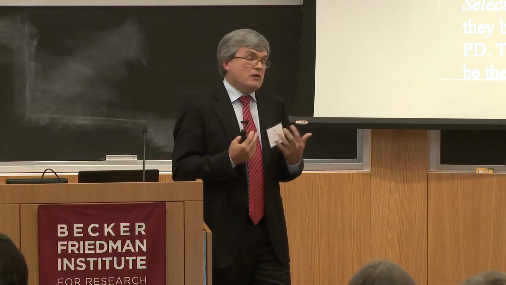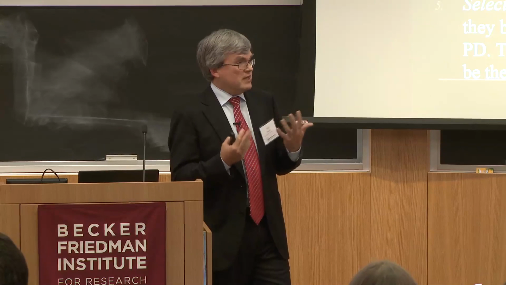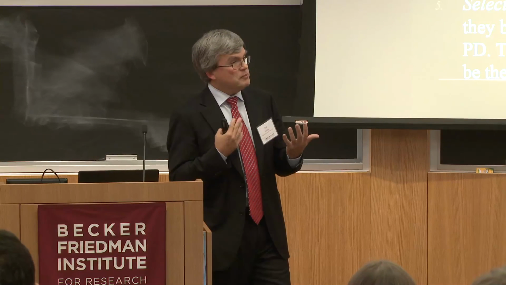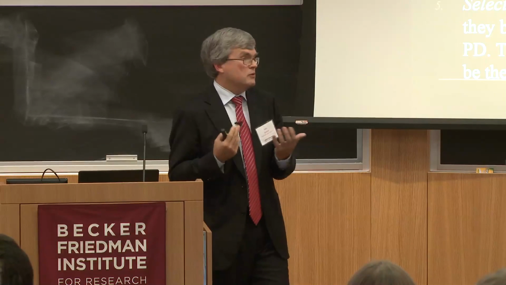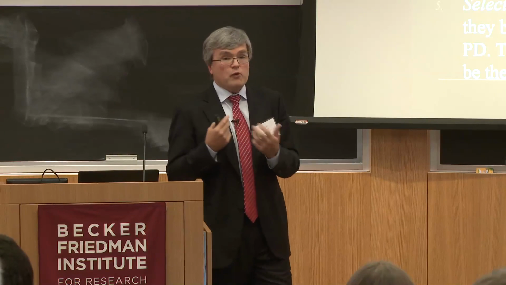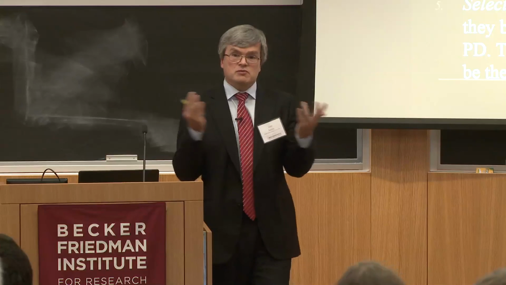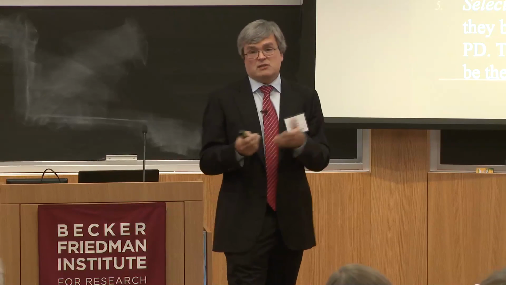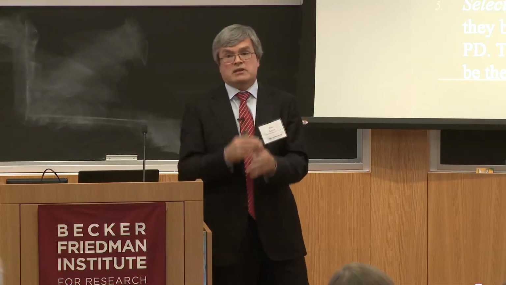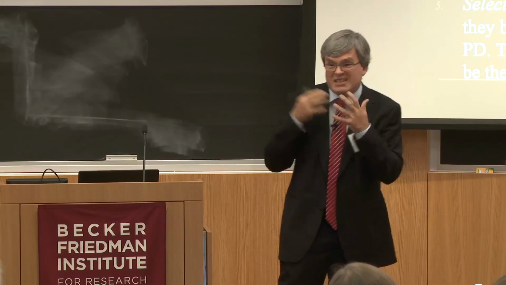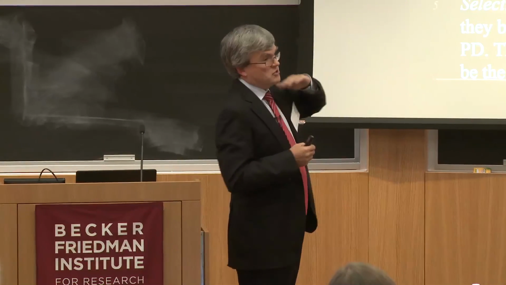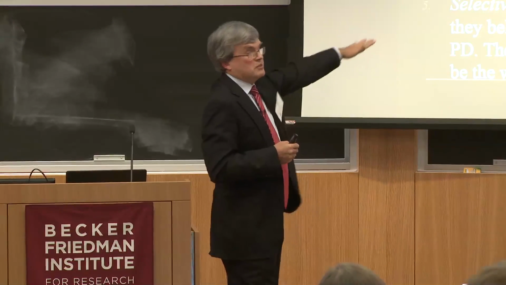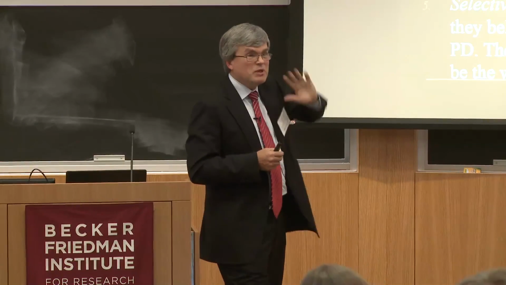Now, the selection story I mentioned is more likely to be the case for a participant. It's easier for me to say yes or no to participating in a deal. For the lead banks, which tend to be a smaller group, it's much harder to walk away and say, no, I don't want to participate in this, because that's part of their business. So one thing we did was redo the analysis, restricting to lead arrangers, and the results still hold. So it doesn't seem to be quite that.